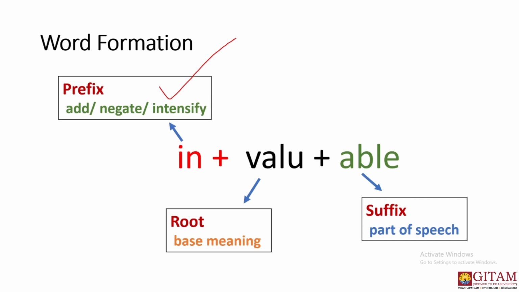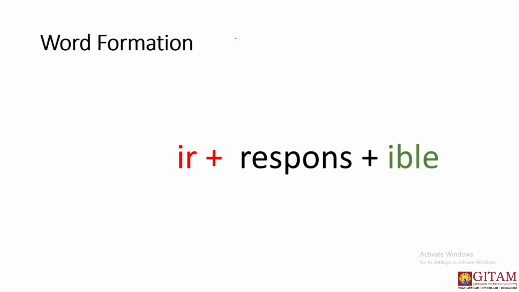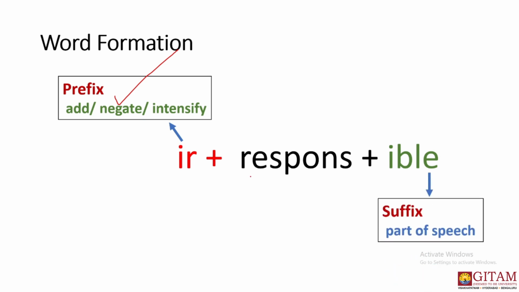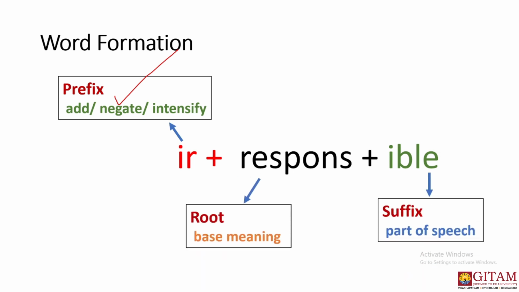That is root. Let us see one more example. Irresponsible. Now tell me, is the prefix negative or positive? Negative. Therefore, I can tell you that the root meaning is negated. The base meaning is negated.